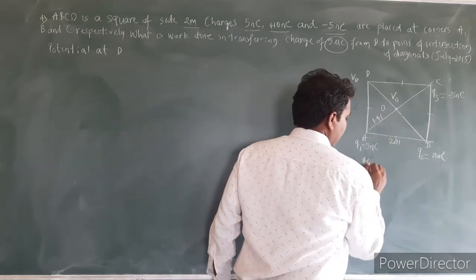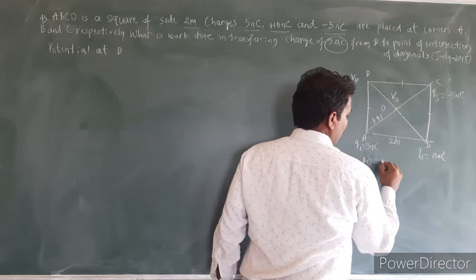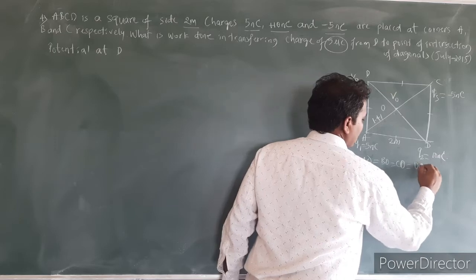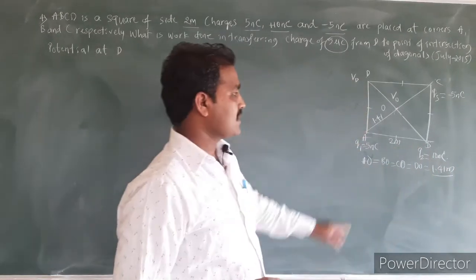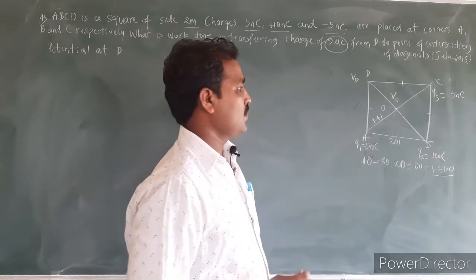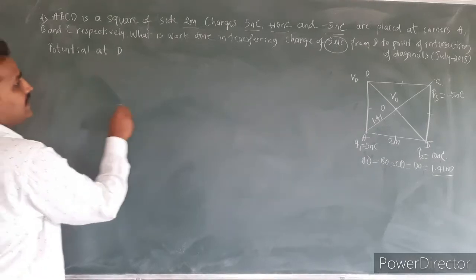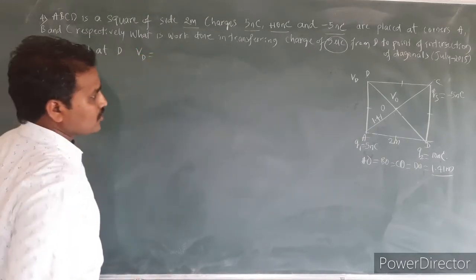All the values of A to O, B to O, C to O and D to O will be equal, that is AO equal to BO equal to CO equal to DO. This will be equal to 1.41 meters. For calculations, let us use that value. Then potential at D, so that I can write it as VD is equal to what?